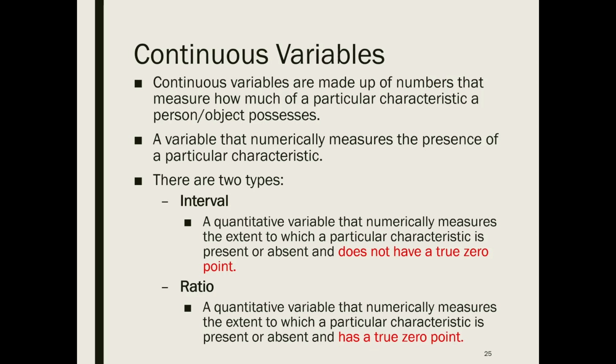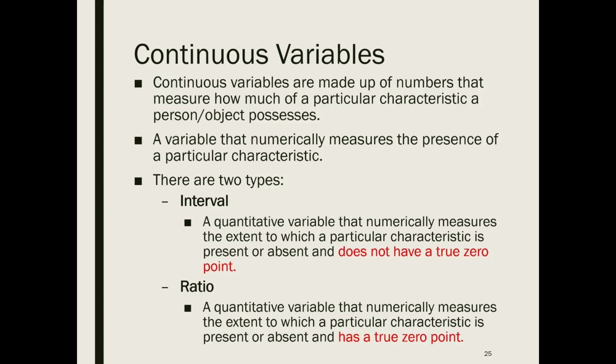Continuous variables are the ones made of numbers, most likely. When we talk about continuous variables, what people usually think about is numbers. Indeed, these variables are most likely measured by numbers, not 100% of the time, but 99.9% chance.